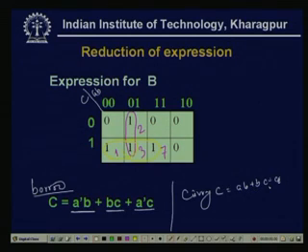Here also the same number of gates are needed, a totally similar structure or similar type of expression, only here there is one complemented variable as the input, which is my A dash. There, no complemented variable exists. This is the only difference between the full adder and the full subtractor circuit.